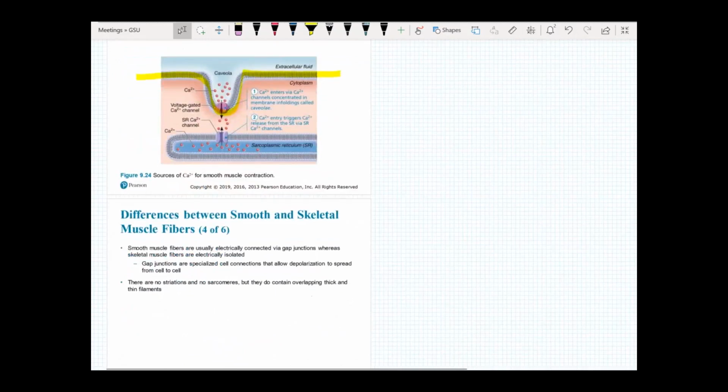Another big difference is that smooth muscle cells are connected via gap junctions, whereas skeletal muscle fibers were not connected that way. There was no connection between them. And we've already said that there are no striations and no sarcomeres, but they do contain thick and thin filaments.